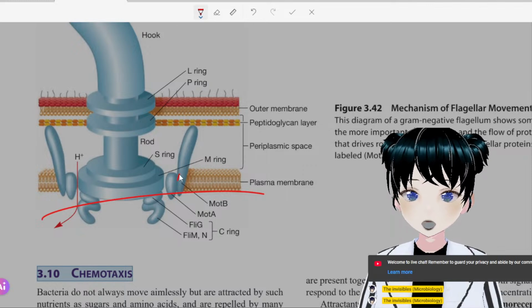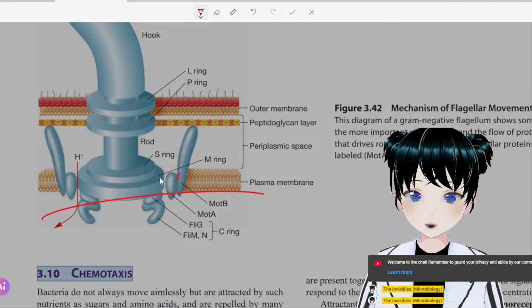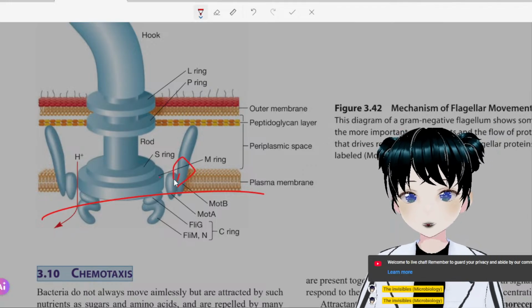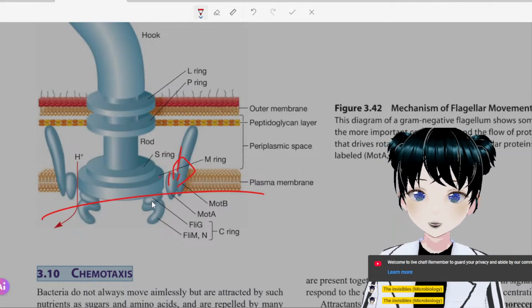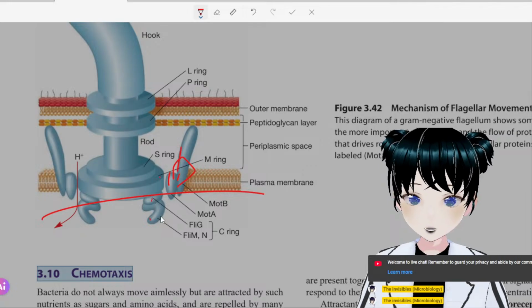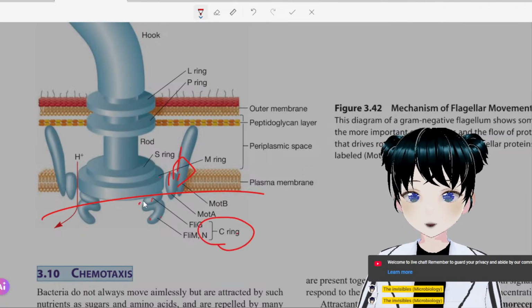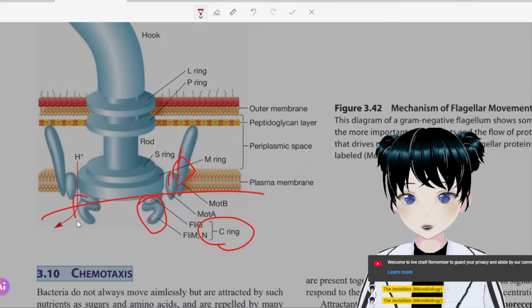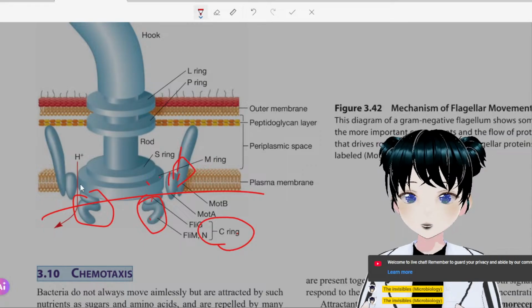For example, the S ring, now they're at the M ring, right? So on this side we have two proteins, MotA and MotB, and this side has FliG, FliM and FliN. They say this is the C ring. I mean, this isn't an official ring, but it is kind of considered a ring since it's permanently attached to this area and these are not.